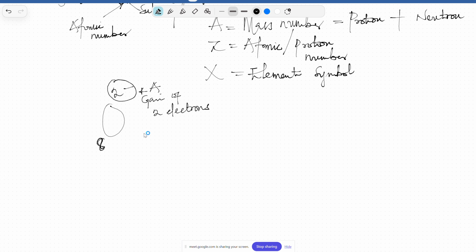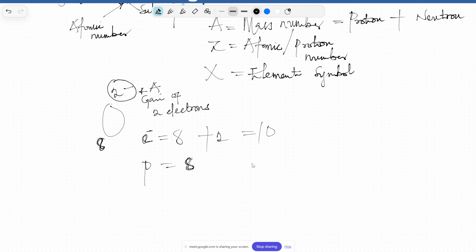Now the electron number for this oxygen 8 is now 8 plus 2, which is equal to 10, but the proton number still remains 8.